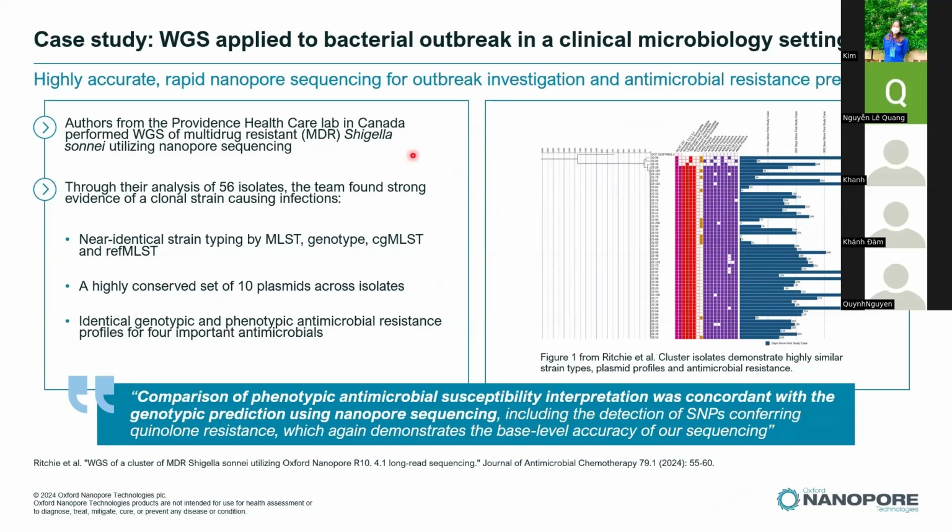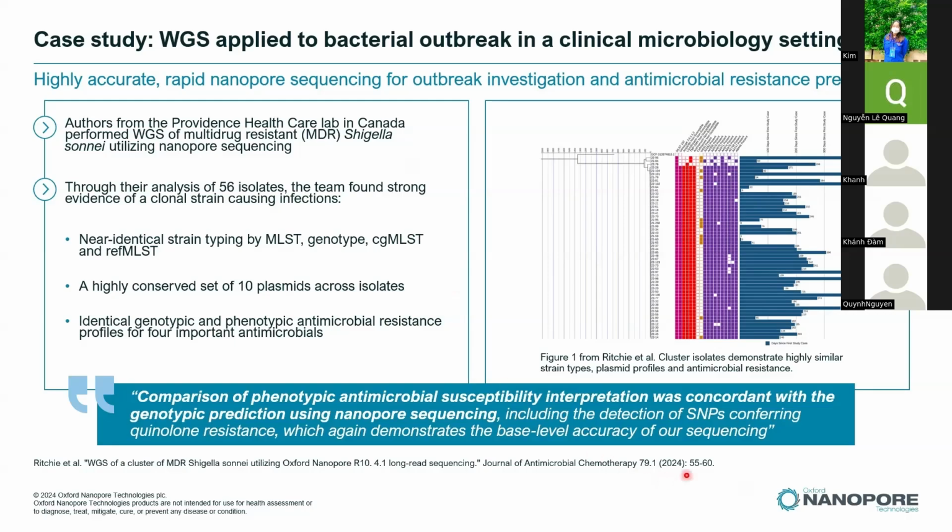They applied nanopore long-read sequencing to investigate a cluster of multi-drug resistant Shigella sonnei and aimed to genetically characterize the AMR genes and support potential interventions. They sequenced 56 isolates using only the nanopore platform, and they found strong evidence of a clonal strain responsible for the infections.